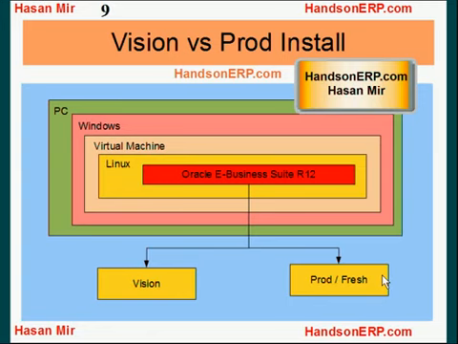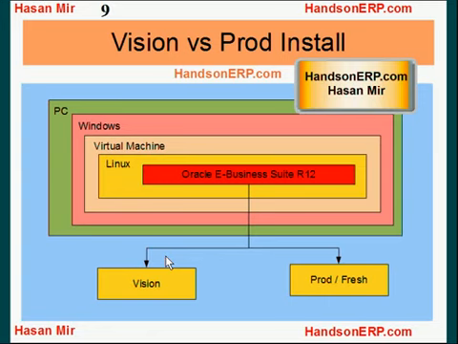The reason is that you need to learn how to create objects from scratch, and when you are in a real project you don't have Vision installation anywhere on that project. You have production installation and you have to create everything from scratch, and that's what you need to learn, and that's what I want to teach you.